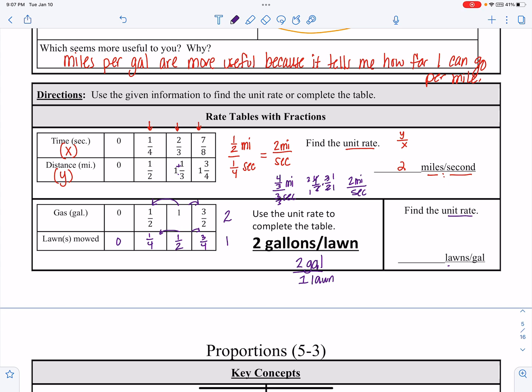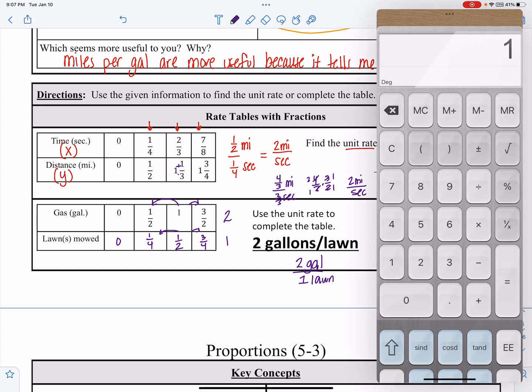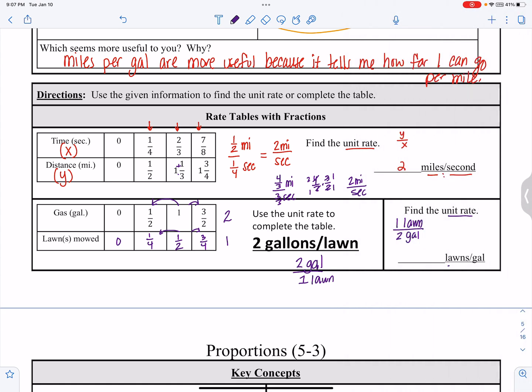And so if it is reversed, and I set up 1 lawn for every 2 gallons, we can just do that division real quick. And obviously 1 divided by 2 is going to be 0.5. And so I can do 0.5 lawns per gallon. Or I can write it up here like this, lawns per 1 gallon. And so there's my unit rate in that situation.